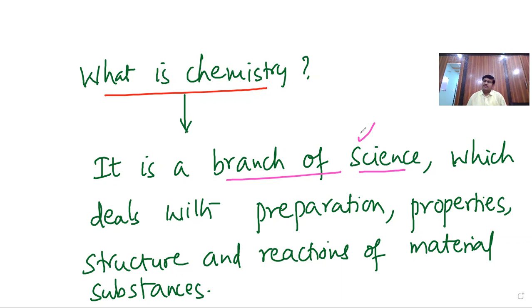There are so many sciences. Biological science. Physics is also a science. Physics deals with the science of forces. Chemistry is a science which deals with the preparation of, what is the preparation? Preparation of material substances, properties of material substances, structures of material substances, reactions related to the materials. Combination of all the things. How a material substance can be prepared.